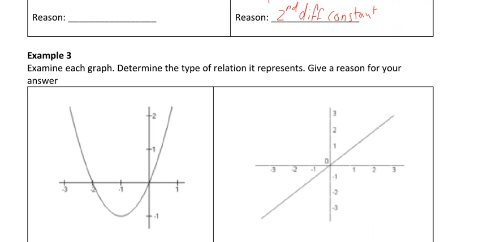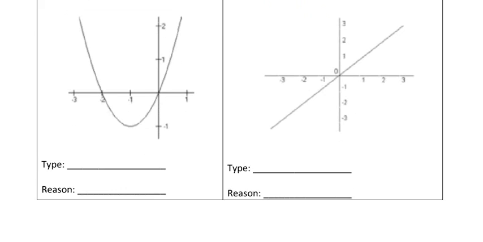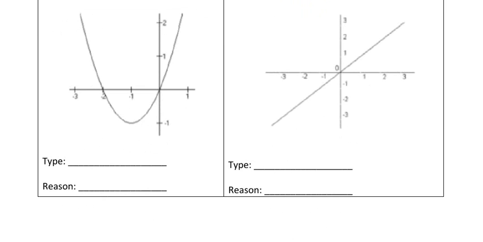Okay, so you can write this. Type is quadratic. And how do you know? Because it's a parabola shape. And the second one, it's linear. How do you know? It's a straight line.